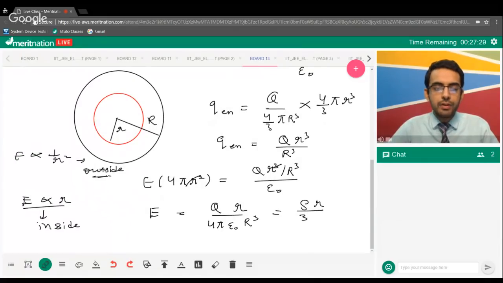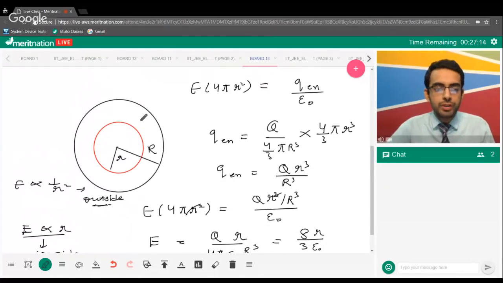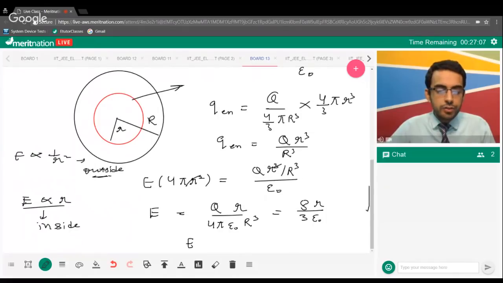This is also the value of electric field inside this solid, uniformly charged sphere. Dear students, you can understand that the electric field is directed radially outwards, so E vector is equal to rho into r vector upon 3 epsilon naught. This is the value of electric field inside a sphere.